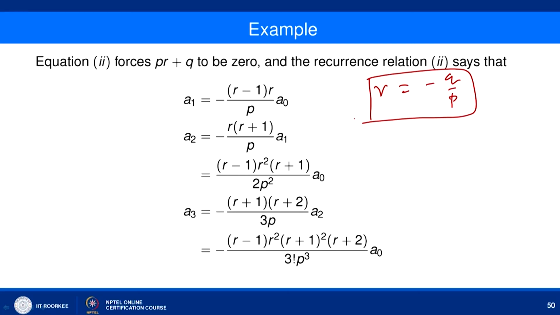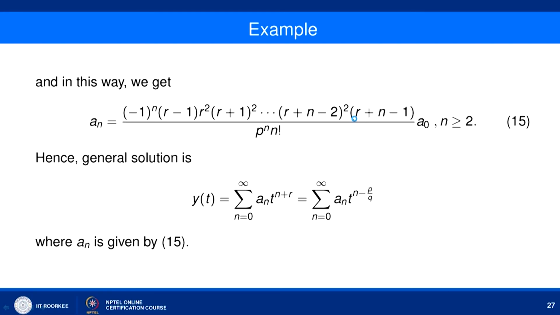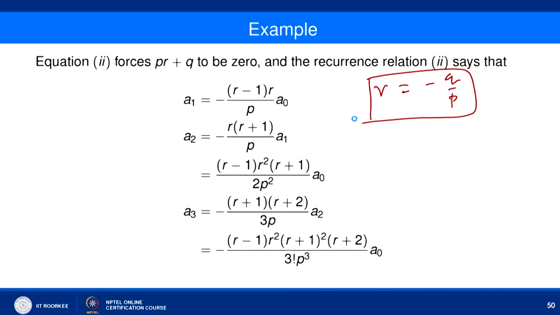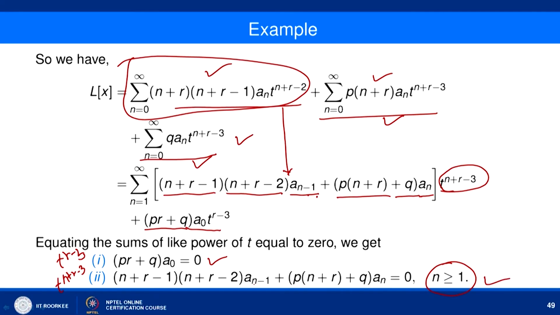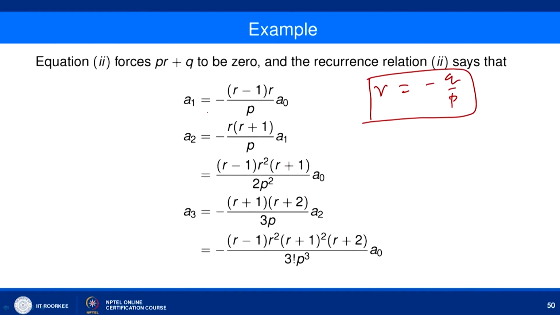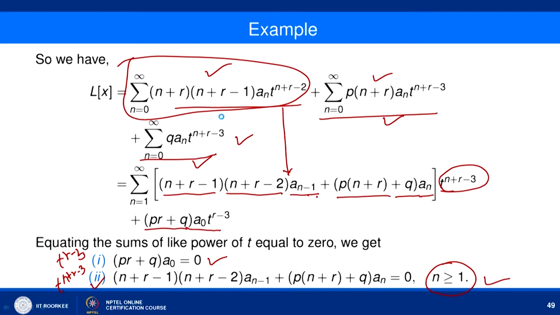So a1 is basically what? To calculate a1, let us look here. When you put n equal to 1, you will get a1 in terms of a naught. So use the second equation and put n equal to 1: p into 1 plus r plus q a1. Let me write it here.